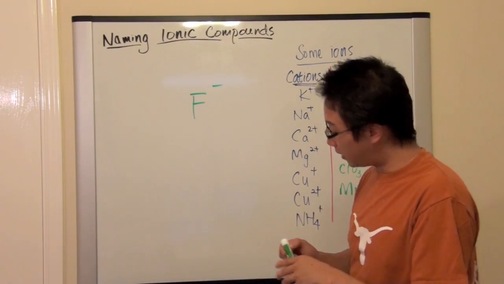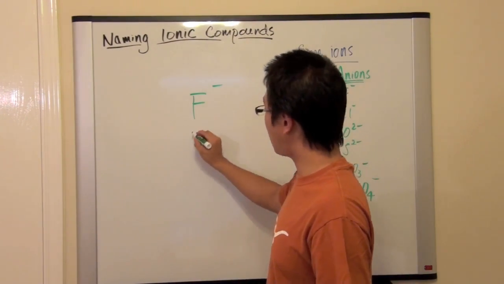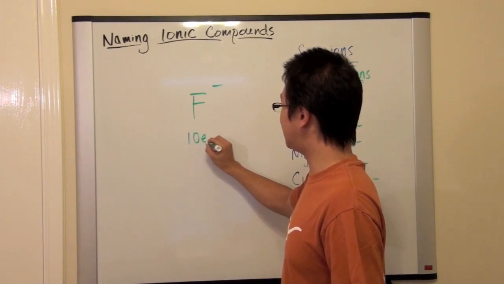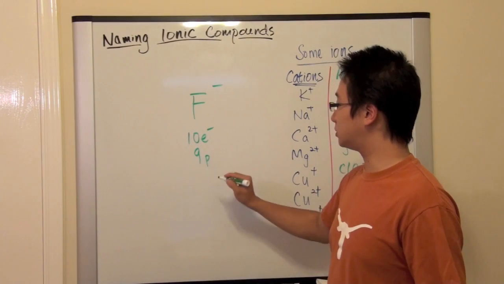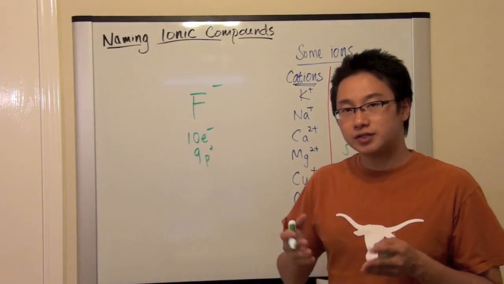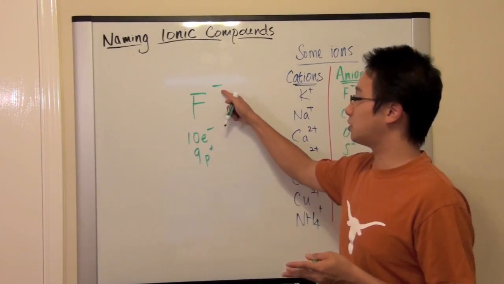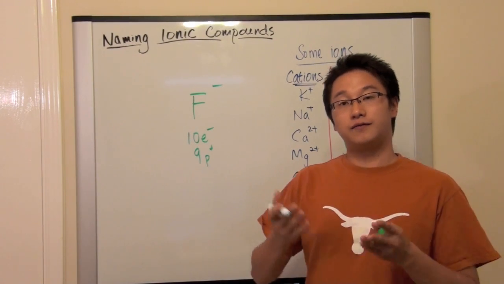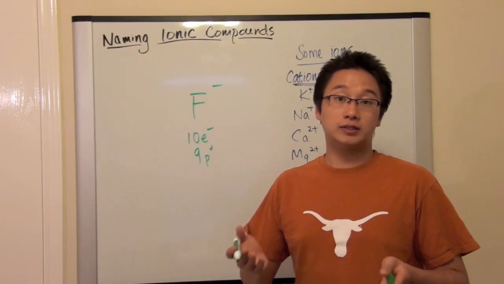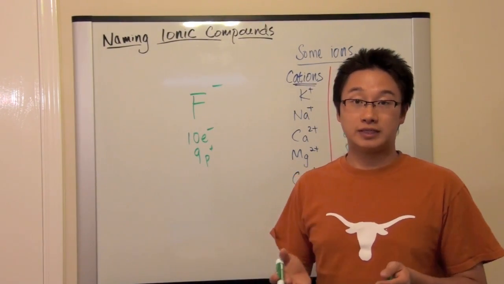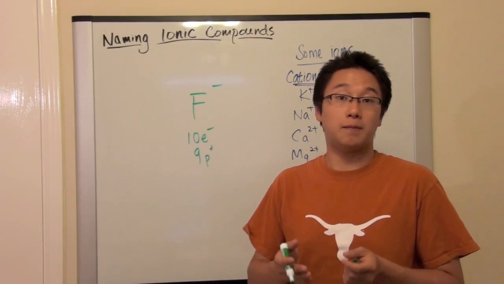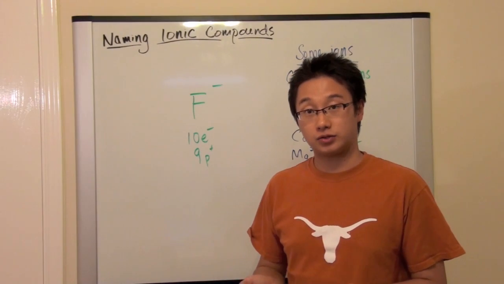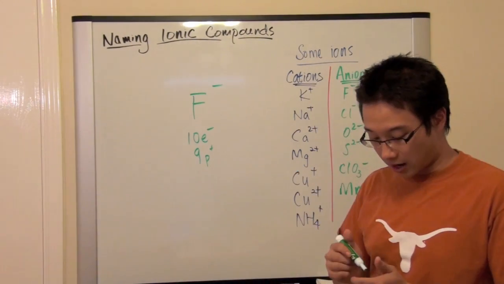So for this fluoride ion, there are a total of 10 electrons and 9 protons. So this is the whole reason why there's a minus in there. And if you look at the periodic table, you can see that all the group 17 elements, all the halogens, they all have a minus charge when they form ions. So this is how we say ions.